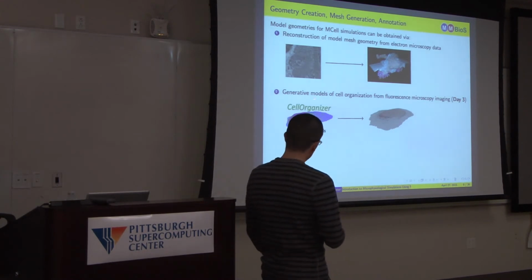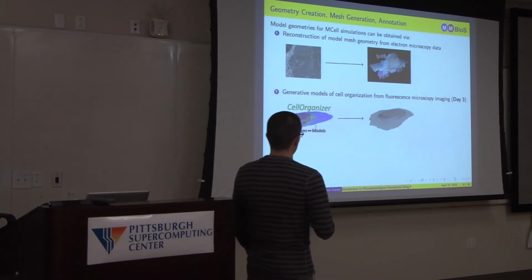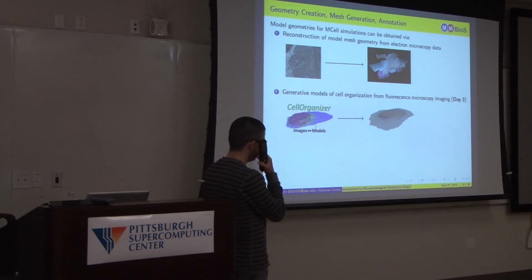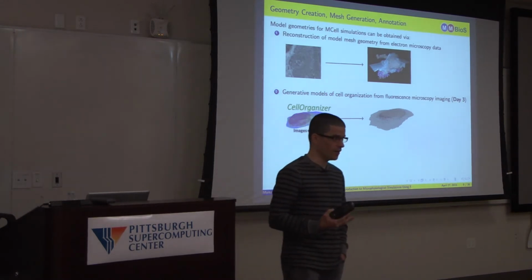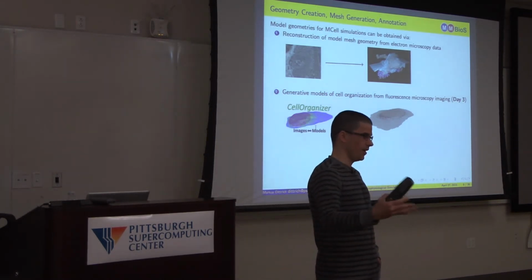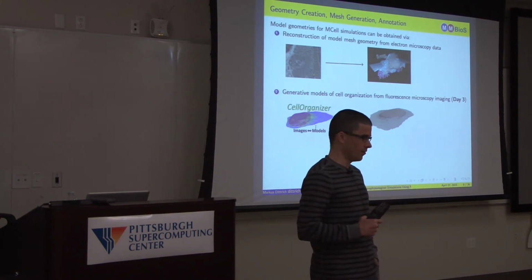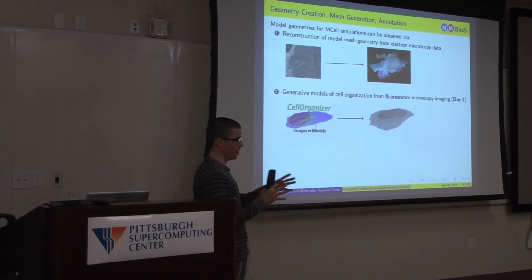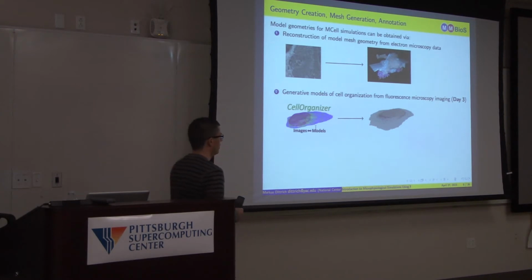Then the second approach, which you will learn about during this workshop, so I don't want to talk about it in great detail, is to use fluorescence microscopy imaging and the cell organizer tool to learn generative models of your system, and to use that to feed MCell simulations to create instances of your model with locations of whatever proteins or intracellular compartments you're interested in.